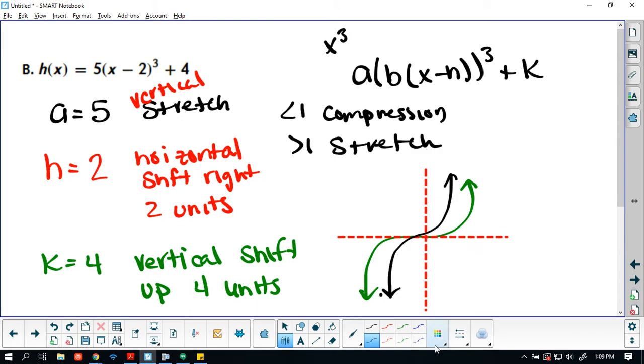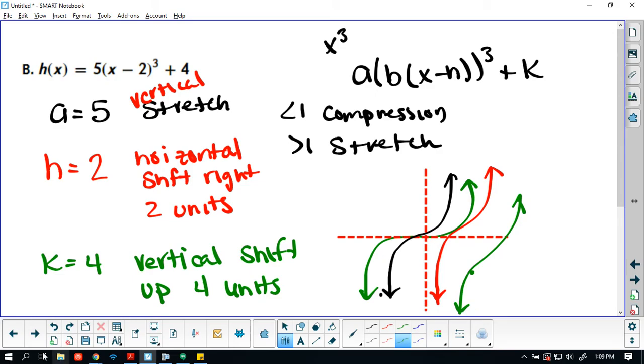Then we're going to move it over by 2. So let's say this is 1, 2. So it's going to go like this, over by 2, and then down by 4. I should have used green. 1, 2, 3, 4. I'm using each one of these. So it would look something like that.